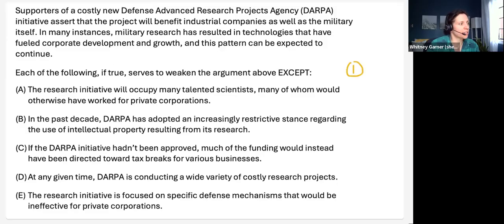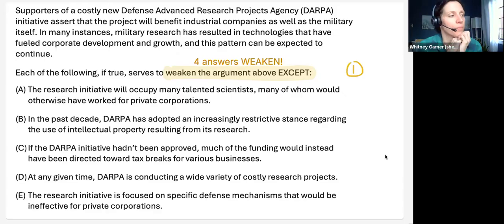Well, which of the following serves to weaken, except? This means that 4 answers weaken. That's going to be my job. My job is to go find 4 answer choices that weaken the argument and eliminate them.